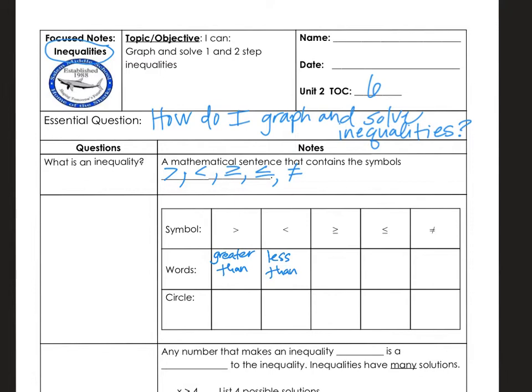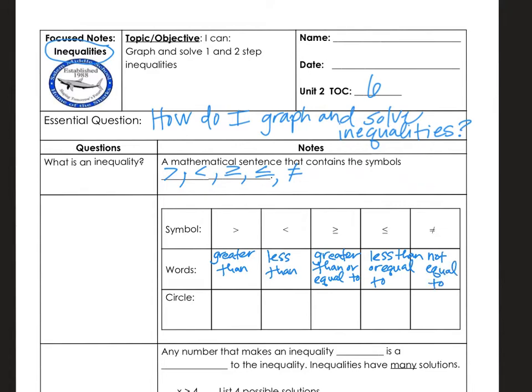And so this one is greater than or equal to. And this one looks like less than, but it's also got that extra thing going on. So less than or equal to. And then this one looks like an equal sign with a slash through it. So it means what you were probably expecting it to mean. It means not equal to.